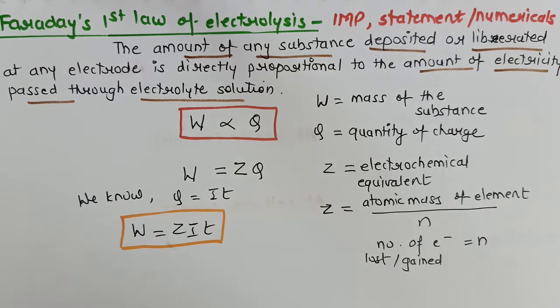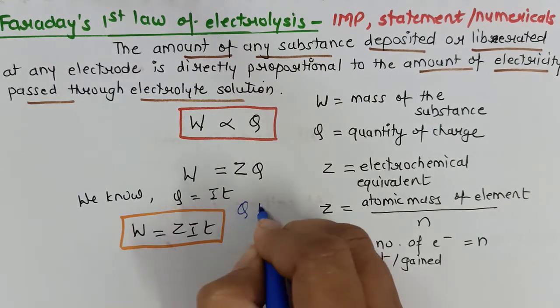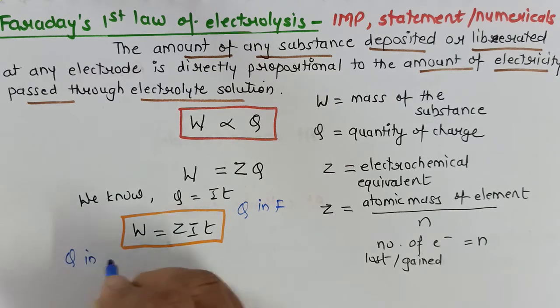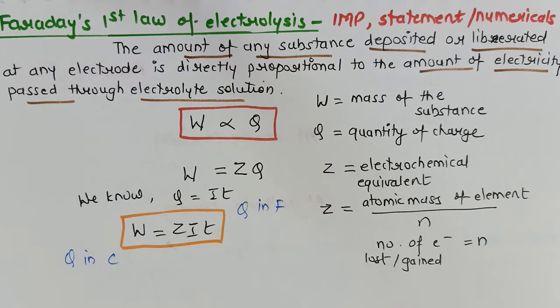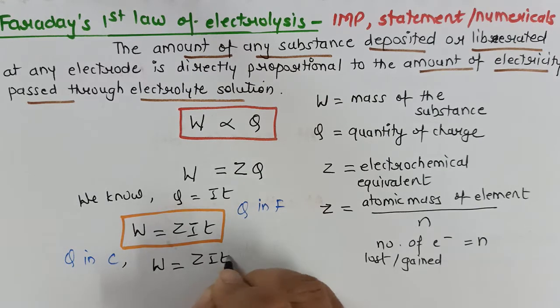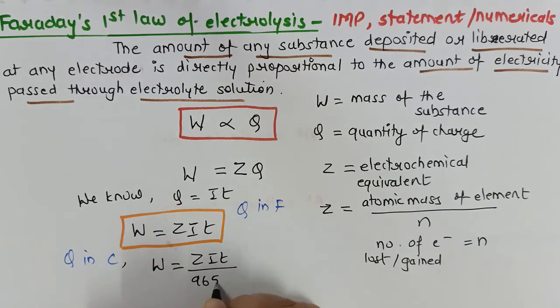Now this formula will be used when Q is given in Faraday, and if Q is given in Coulomb, that is, a charge is given in Coulomb, in that case we use the formula W equals ZIT upon 96,500.